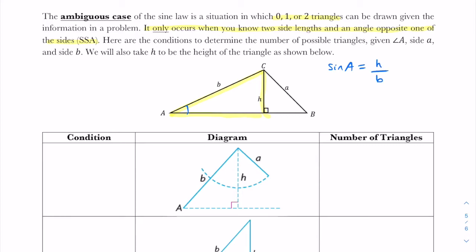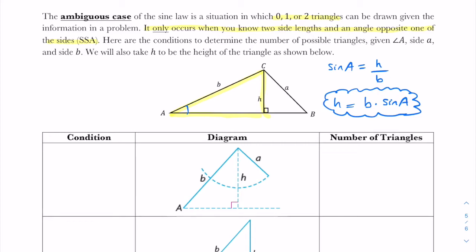Solving for h, we get that the height of the triangle is equivalent to side B multiplied by the sine of angle A. This is going to be our condition that we use to help us determine whether we have 0, 1, or 2 triangles.